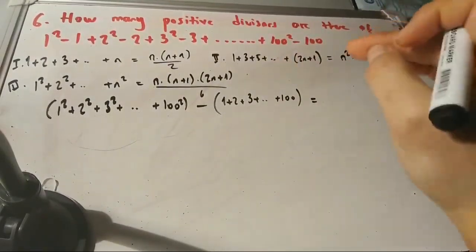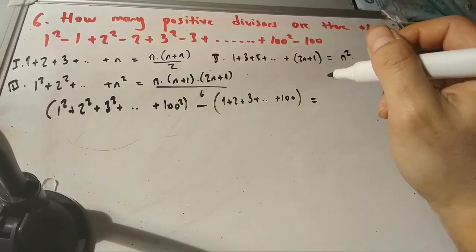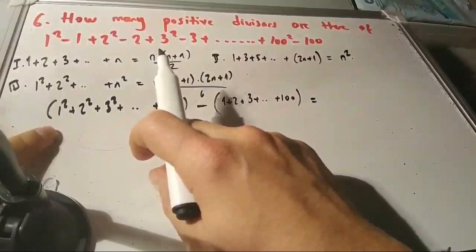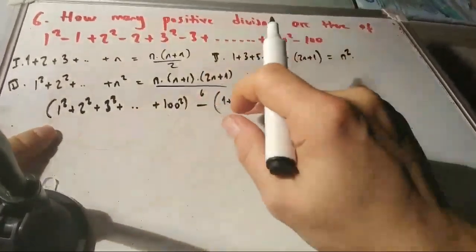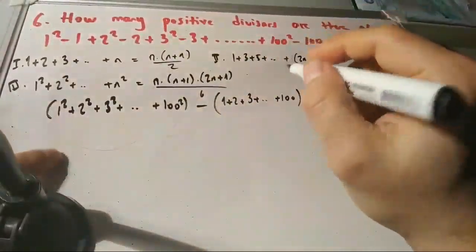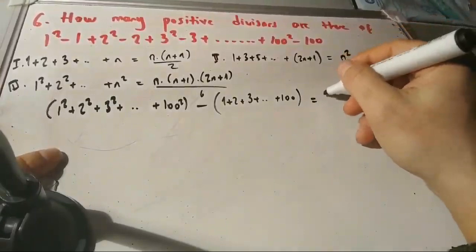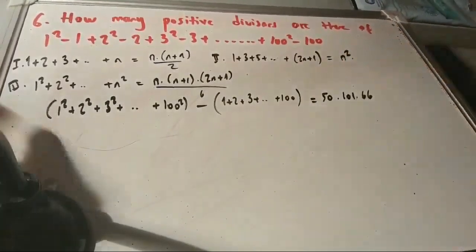And let me simplify it. The time is limited, so let me write directly. From the first part we get 100 times 101 times 201 over 6, and from the second, 100 times 101 over 2, and as a result we write 50 times 101 times 66.